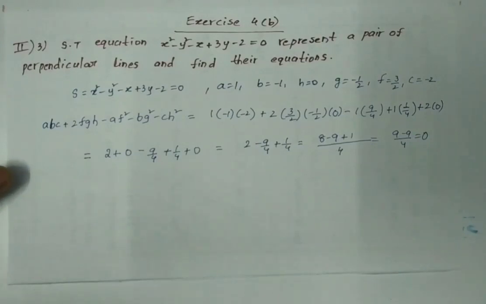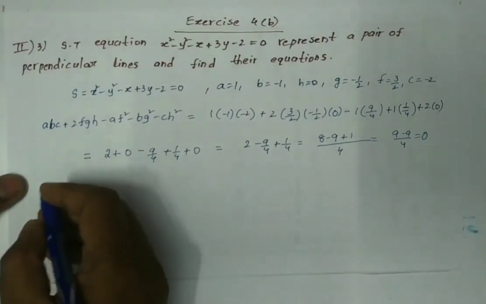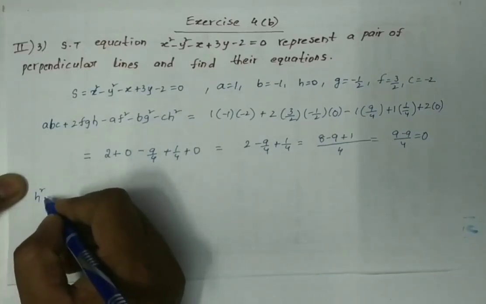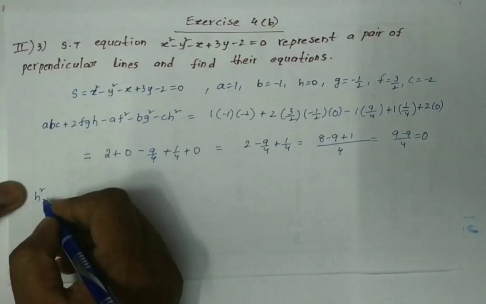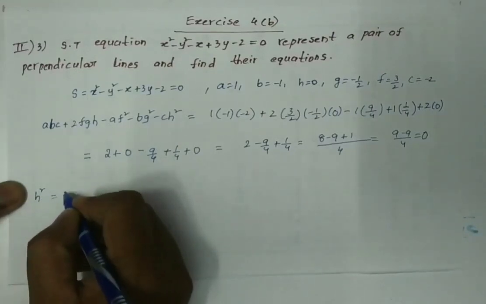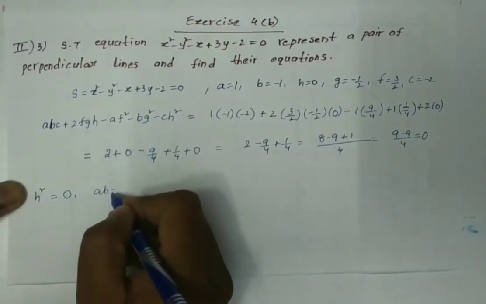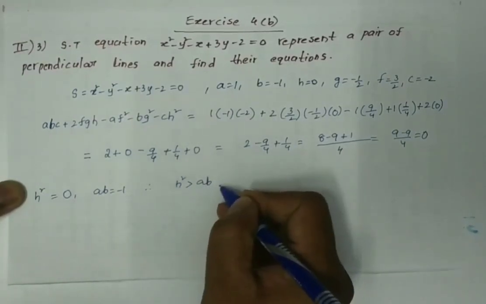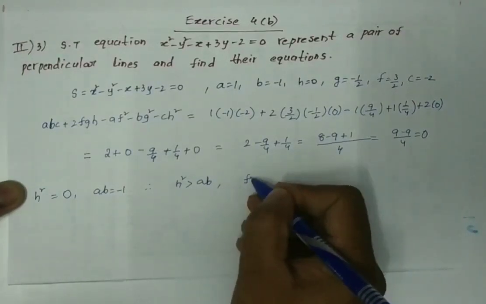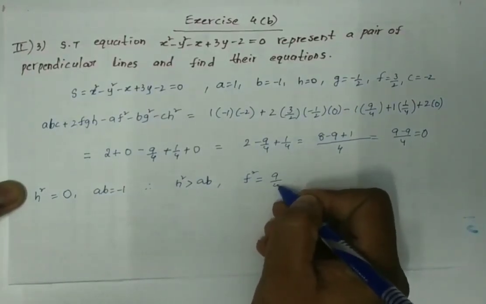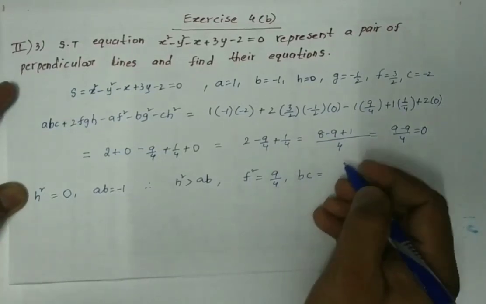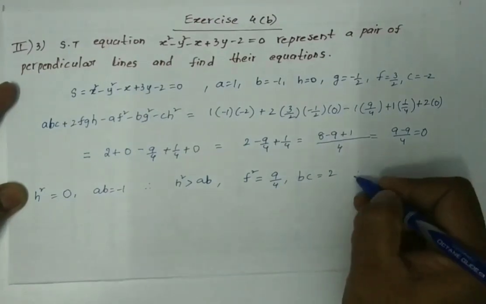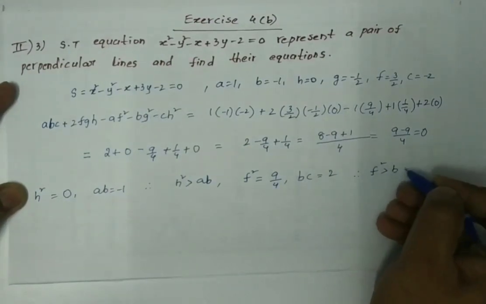Next let us check the other condition, whether h square is greater than or equal to ab. First let us find h square: h square is 0, and ab is minus 1, therefore h square is greater than ab. Next, f square is 9 by 4 and bc is 2, and 9 by 4 is 2 point something, therefore f square is greater than bc.